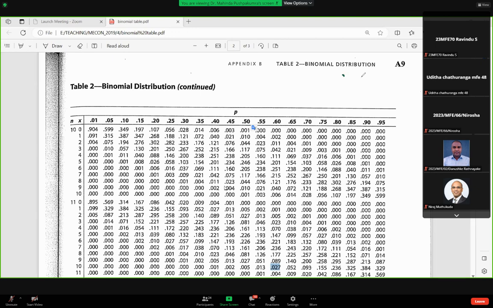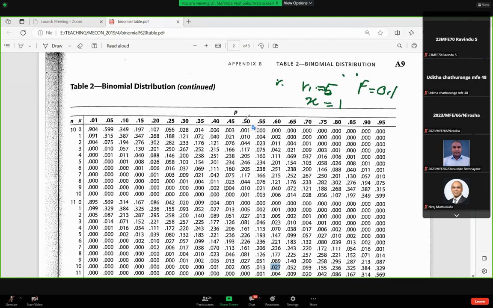Okay, in our previous example, n is equal to 5, then x equal 1, and the probability is 0.1.